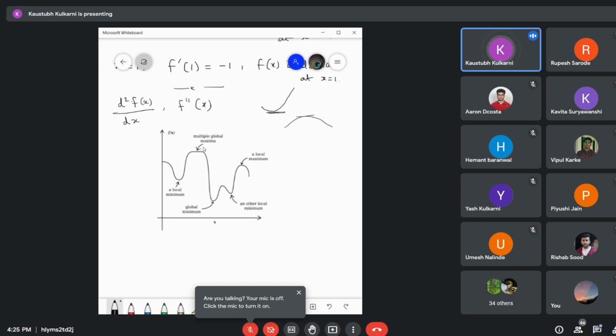In this case they have shown multiple global maxima, but you can also have a single peak like this. This will be a local maximum and that will be a global maximum. So there are multiple values of x at which f(x) is at the global maximum. All this range of x will be your global maximum.